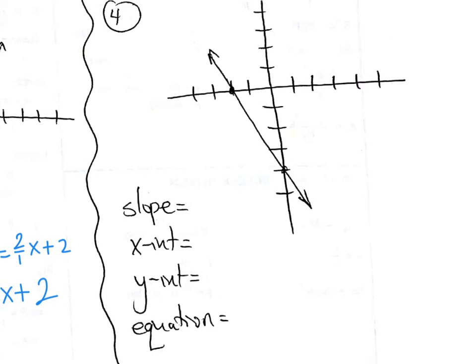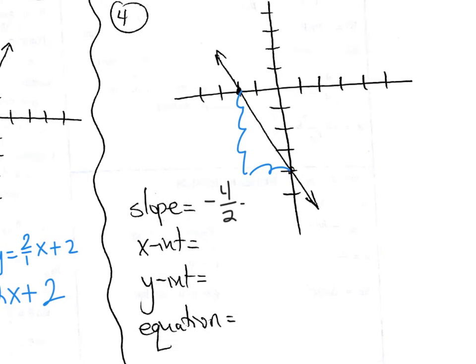Okay, number 4. Similar. For our slope, rise and run, we're going 1, 2, 3, 4 down and 2 to the right. So -4/2, which we can divide to give us -2 for our slope. Our x-intercept is -2 and our y-intercept is -4.